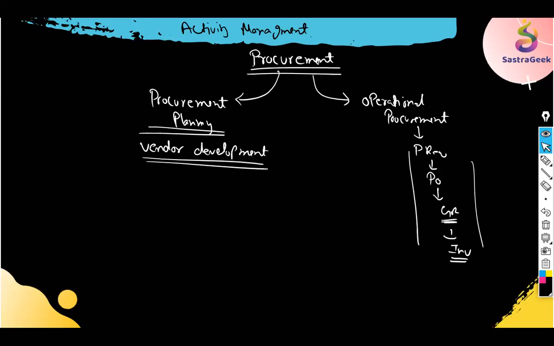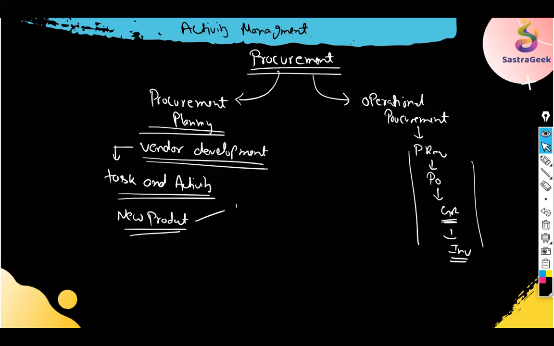This vendor development team would also be doing a lot of tasks and activities under procurement planning, which can start from, let's say, a new product being introduced. For that new product, they would start integrating with the R&D team, getting the BOMs and drawings, then analyzing what components would be required.